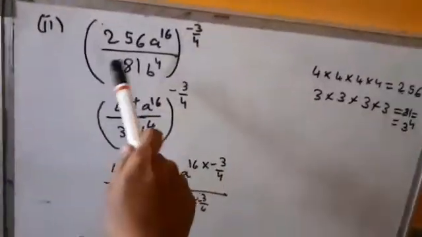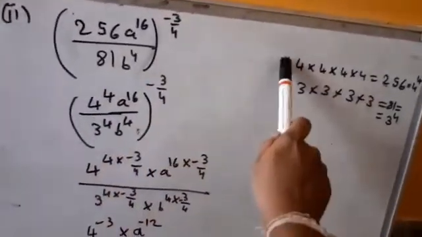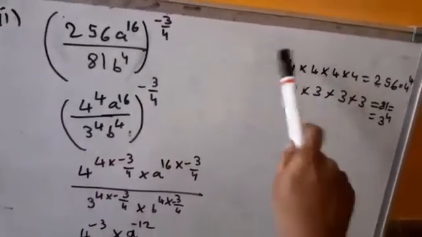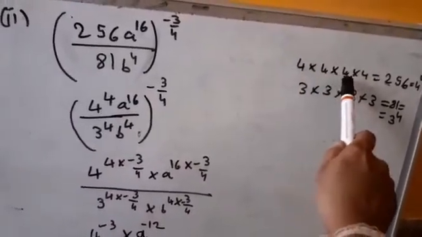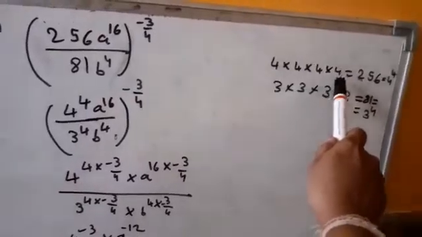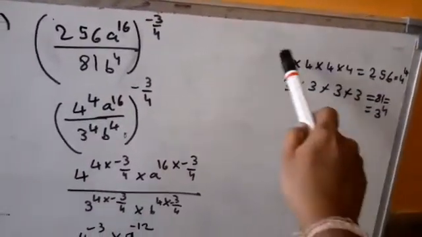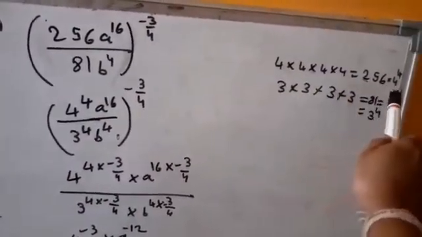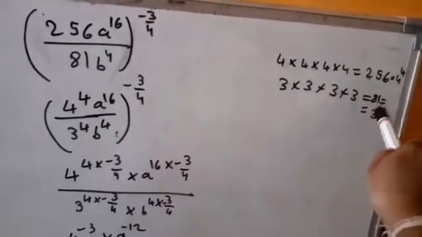See here, 256 we can write as 4 into 4 into 4 into 4. 4 fours are 16, 16 fours are 64, 64 fours are 256. See how many 4s there are here: four 4s, that's why we can write 4 to the power of 4.